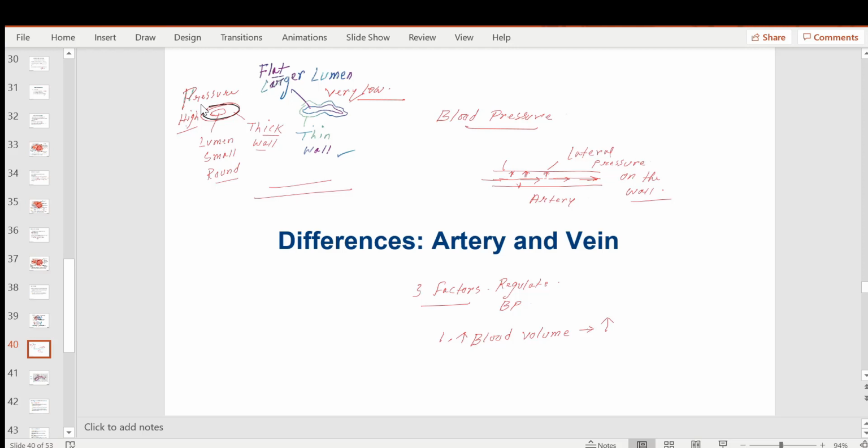That means the pressure on the wall will be more. Makes sense? So less blood volume, pressure is what? Less, right? So if the blood volume really goes down, like due to severe hemorrhage or bleeding, or other reason, dehydration, then blood pressure will drop, will be very low, and that is called the hypovolemic hypotension.